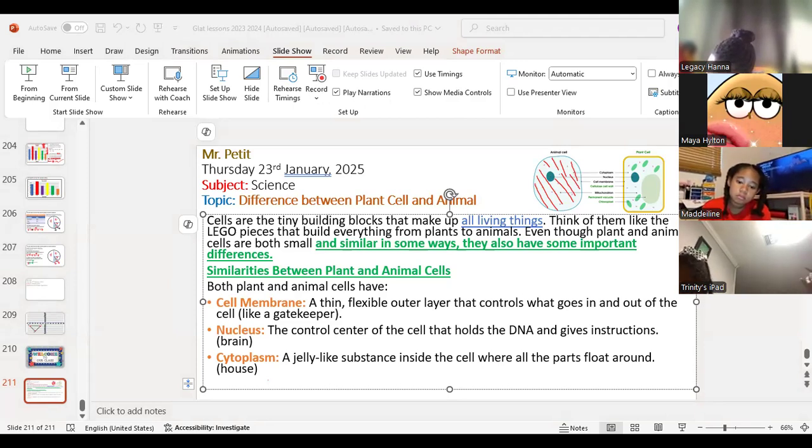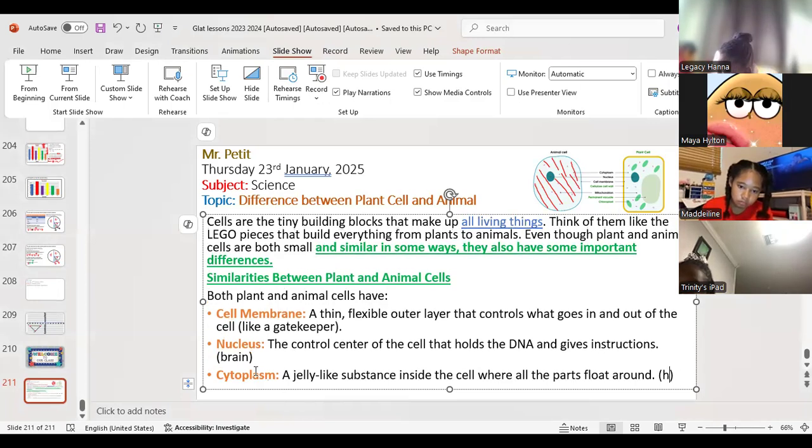And what three substances do plants and animals have? Cell membrane, nucleus, and cytoplasm. Very good. Yeah, the best word is a swimming pool.